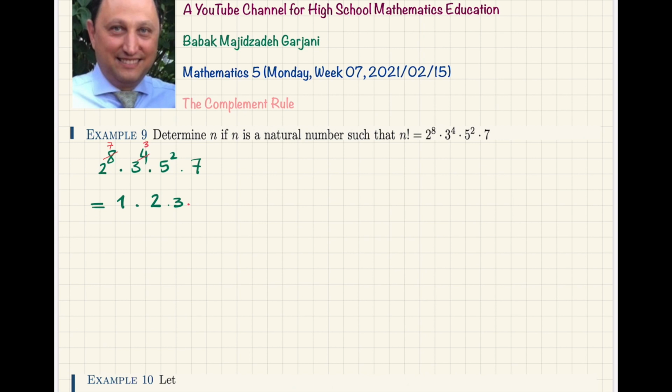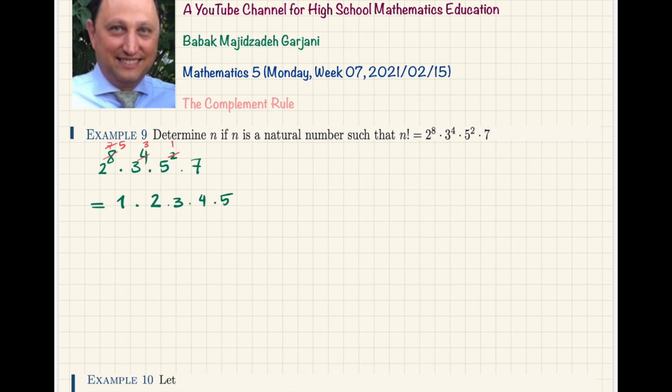And when I go to 4, 4 means I am consuming 2 factors of 2 because 4 is 2 to power 2. So it means that I no longer have 7 of them. I have now only 5 of them. And then when I go to number 5, I am using 1 factor of 5. So there is only 1 factor left.